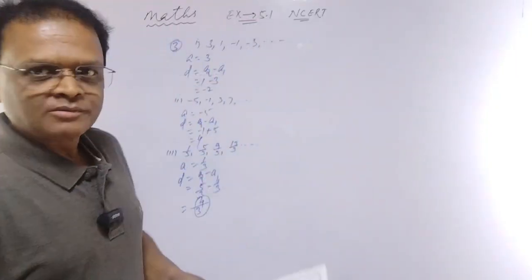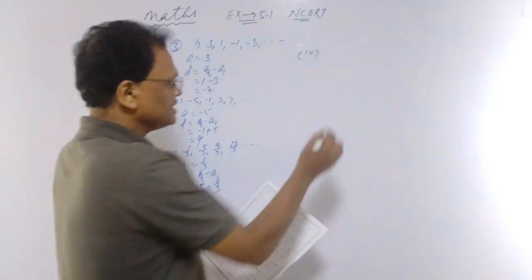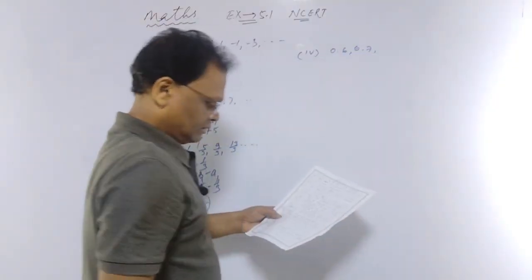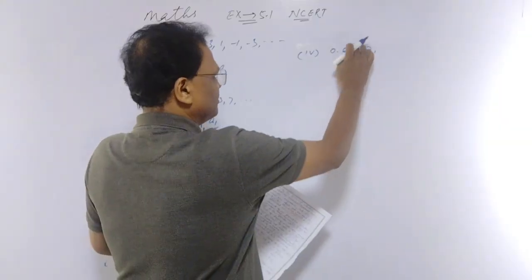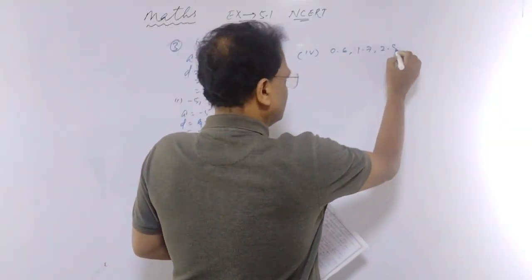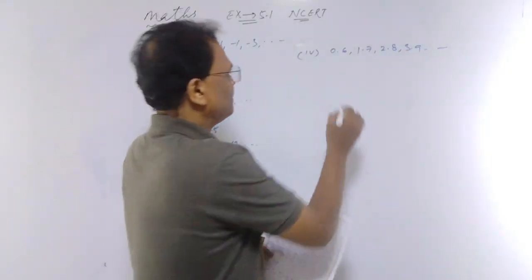Now what is the fourth one telling? The fourth is 0.6, 1.7, sorry, 1.7, then 2.8 and 3.9. What is the first term?